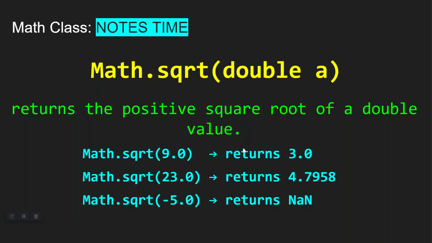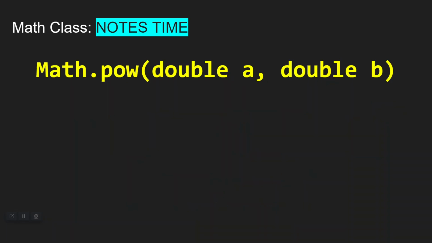Of course, we're feeding it doubles and expecting doubles because with square roots you always have the potential for decimals. If we try to feed it a negative number, like Math.sqrt of negative 5.0, that's going to return NaN, which is an error message. That just reminds you that there's no such thing as a square root of a negative number, unless you're learning about imaginary numbers, which is not within the scope of this class.